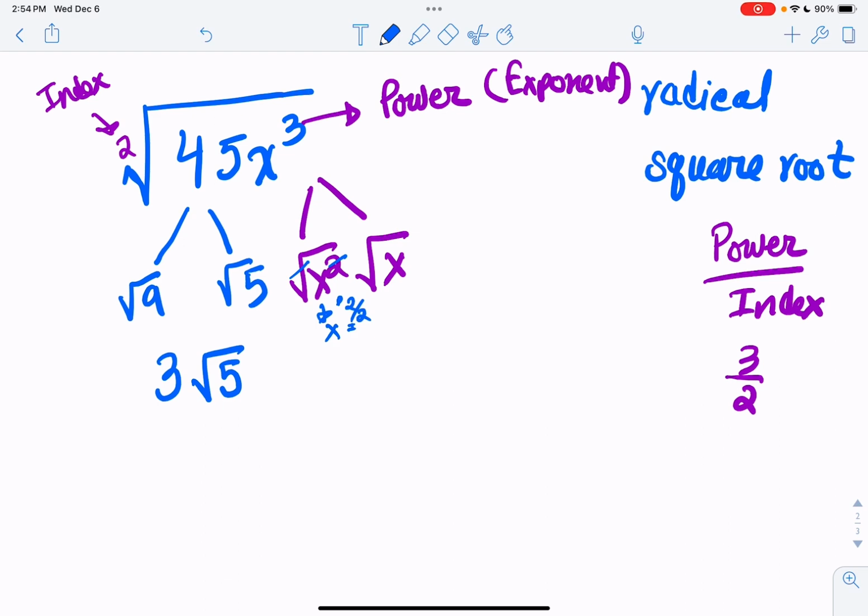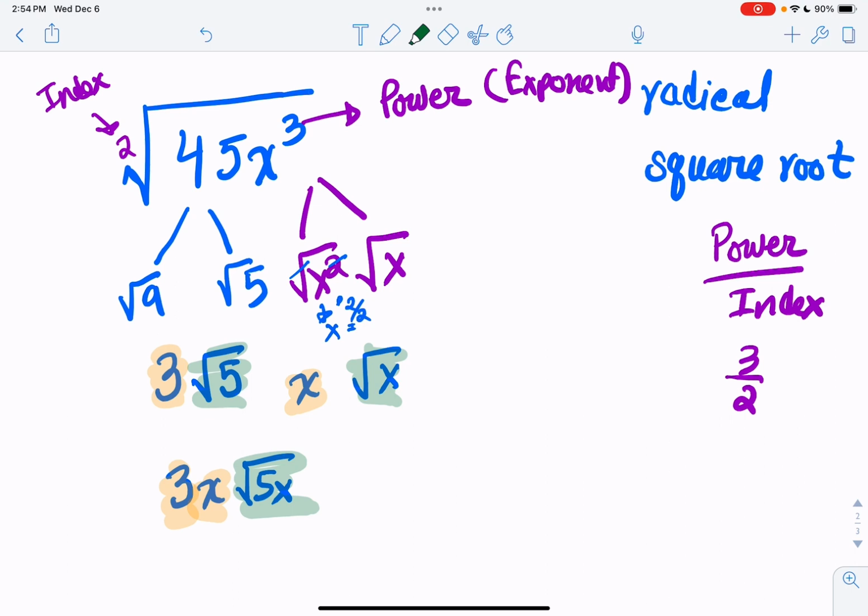So this is just x, and the radical x remains the same, which is 3x radical 5x. I took this, put it here, this goes here, and whatever is not simplified, I just put together underneath the radical.